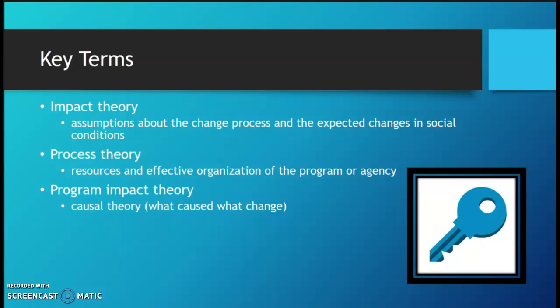What causes the change? Okay, so this goes a little bit with the impact theory, but essentially what we're looking for here is cause and effect. Does abstinence create recovery? Many substance abuse agencies believe that it does. The research is not quite that clear, but for many substance abuse agencies, that link is very clear.